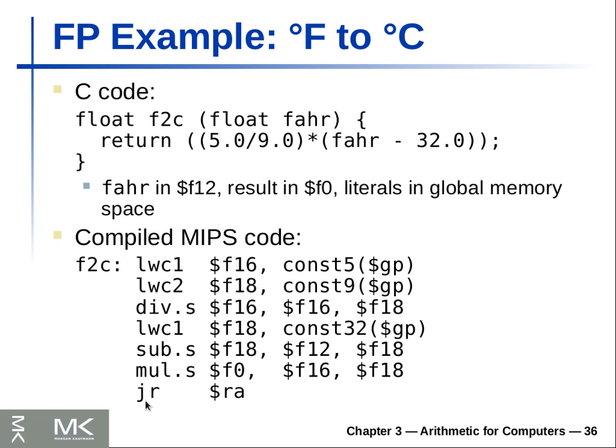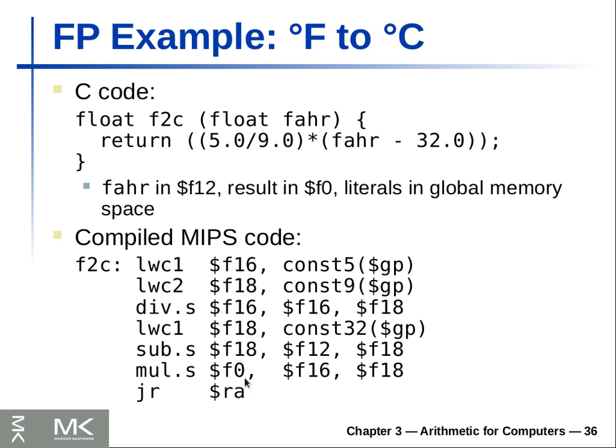Okay. Now we're going to load in the 32 and put it into F18. We're going to subtract F18 from F12. Where did F12 come from? F12 is the Fahrenheit input. Yes, it's the Fahrenheit argument. So you subtract it.